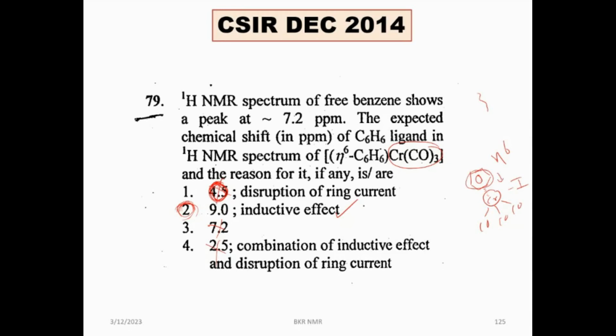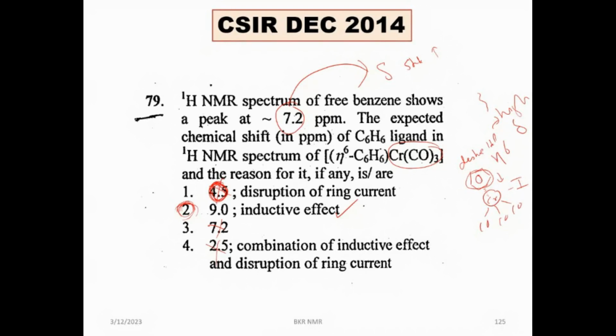So what happens when it decreases? It is getting de-shielded. So I should have high delta. The delta value should increase from around 7.2. Do you get the point, ma? Yes, ma'am.